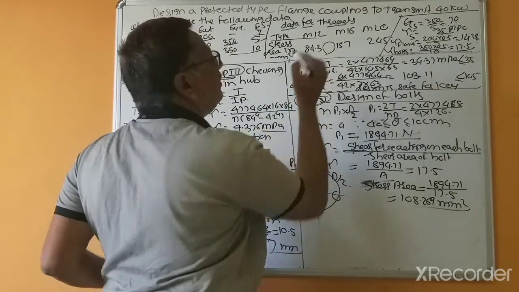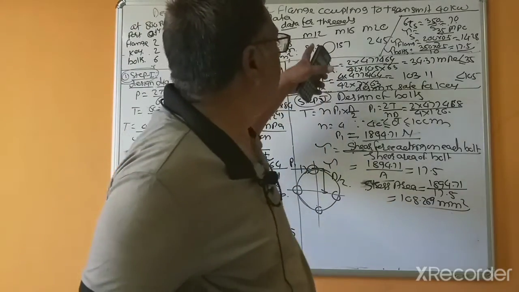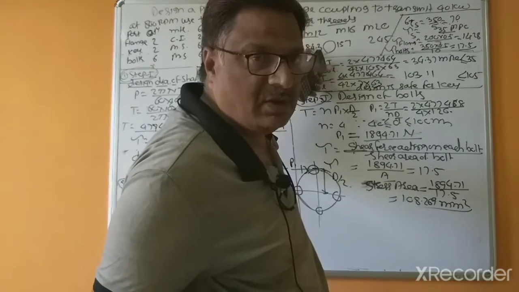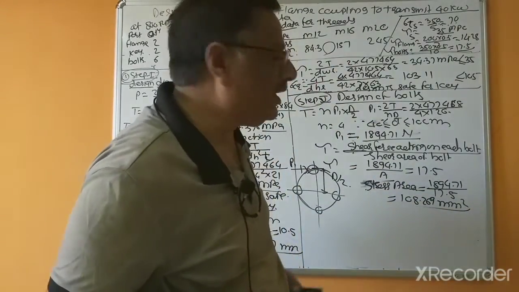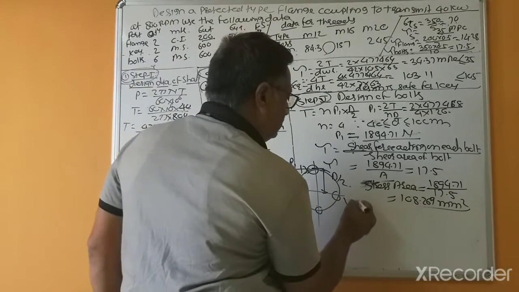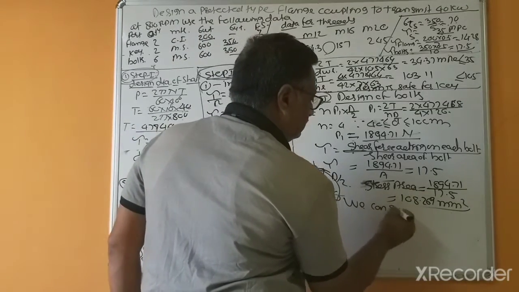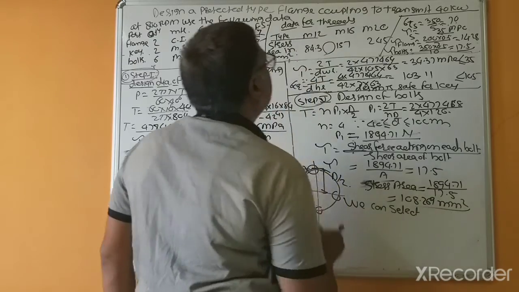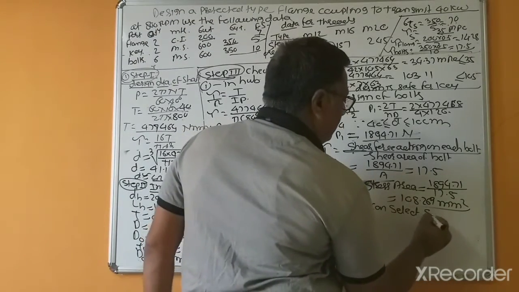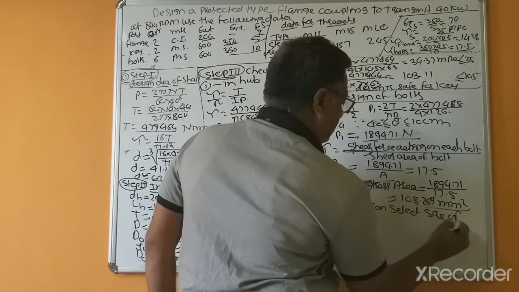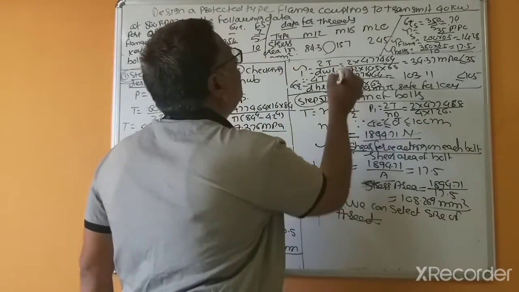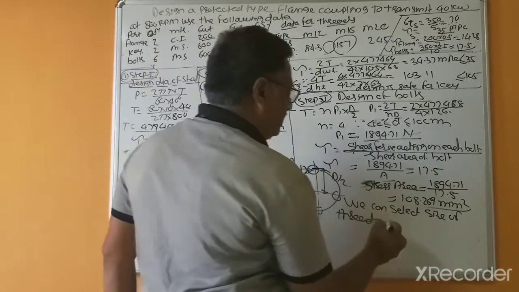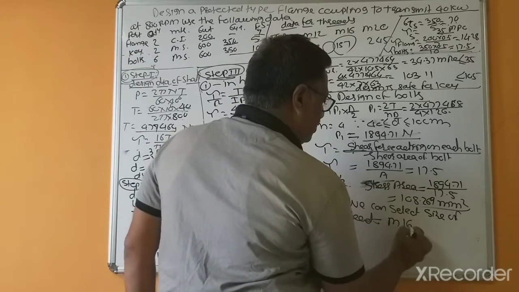Now this is in between. So you can't select M12, because otherwise this area is the greatest. So that's why we can select the size above the thread equal to 157, means M16.